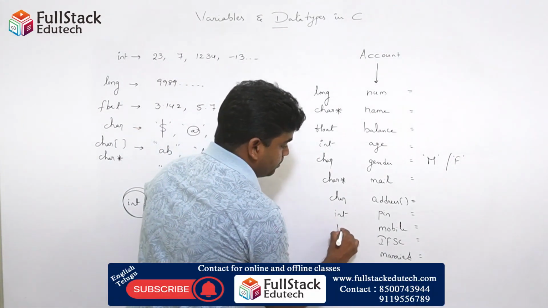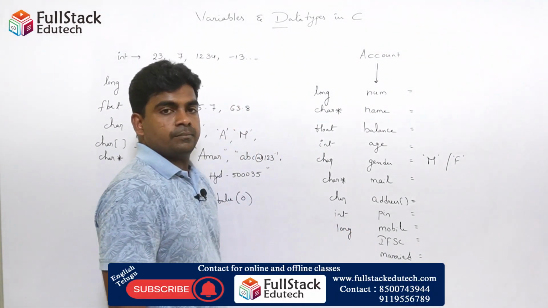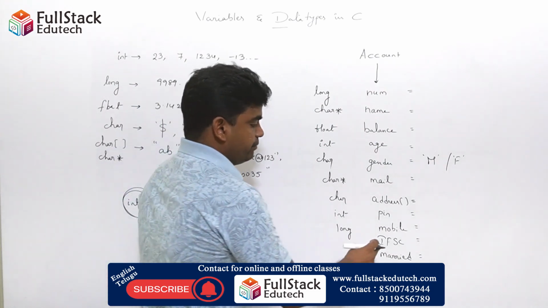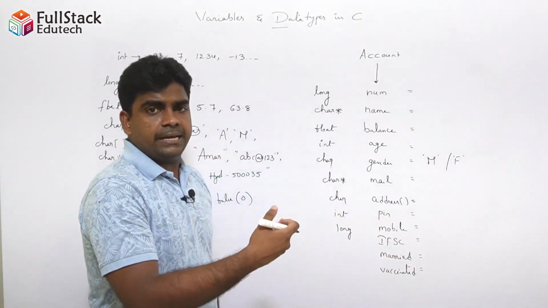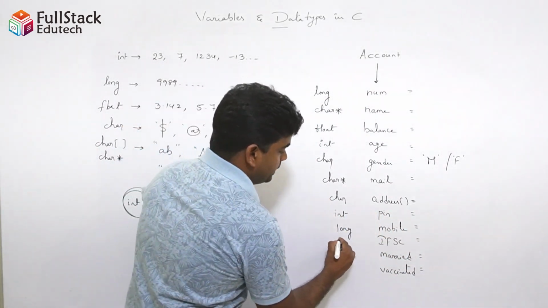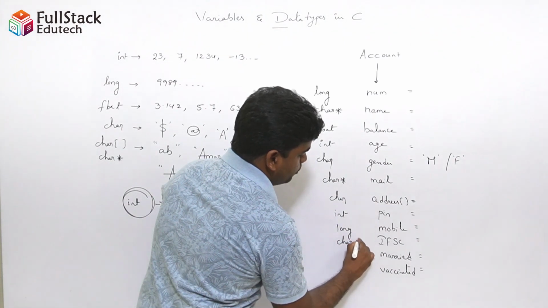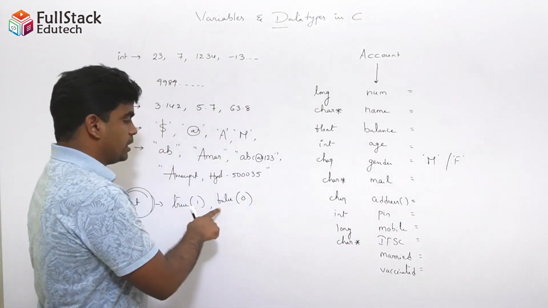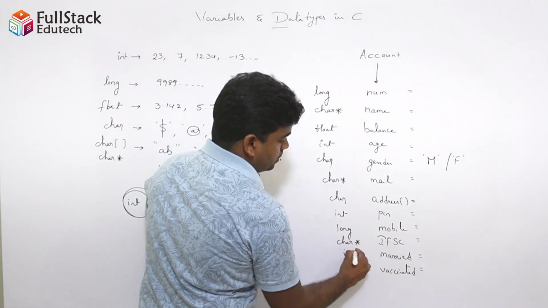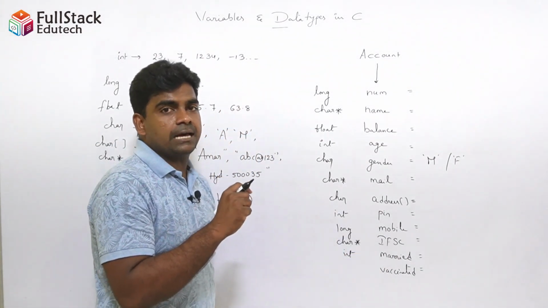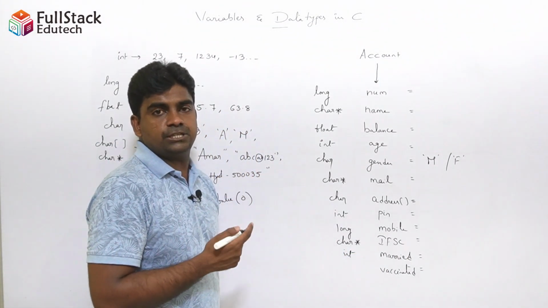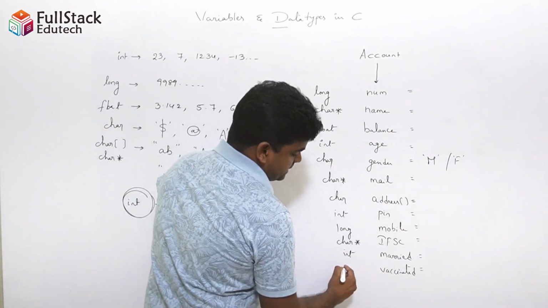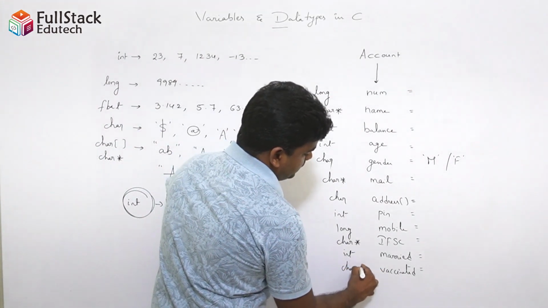Mobile is a long number, so long type. IFSC code is like a bank name with some digits, so it is a string, a character pointer. Married, if you write true or false, 1 or 0, is an integer. If I just want to define yes or no, it's a string, it's your wish. Vaccinated, same, yes or no, is a string you are representing.